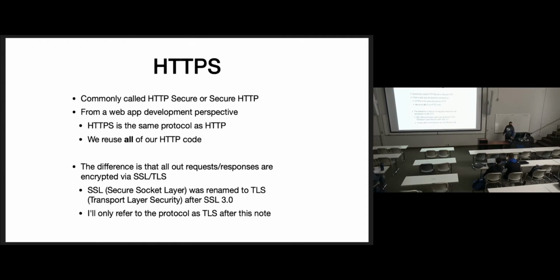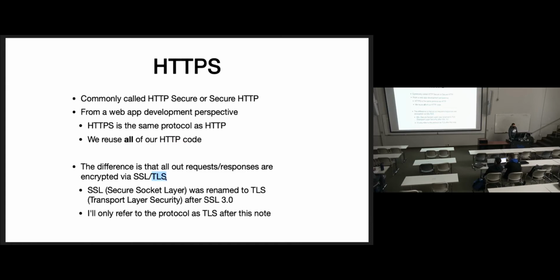So HTTPS, secure HTTP, or HTTP secure, if you want to use the common names. HTTPS is encrypting all of our data, but without hindering HTTP. It really is just HTTP. This is why I like HTTP over TLS. We're just communicating our requests and responses over the TLS protocol.